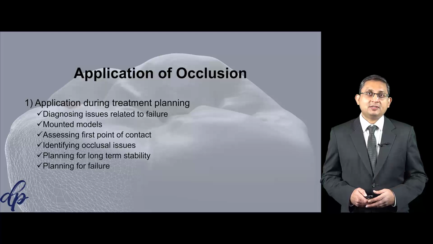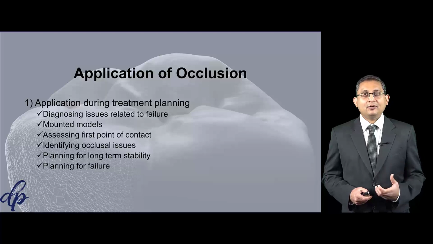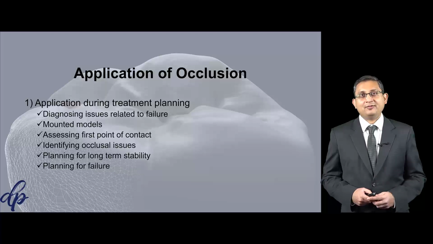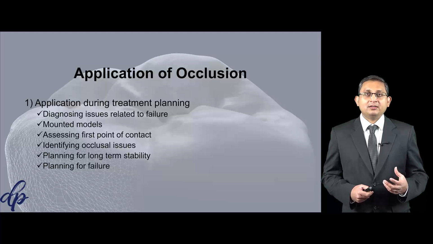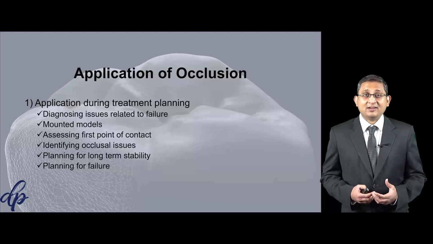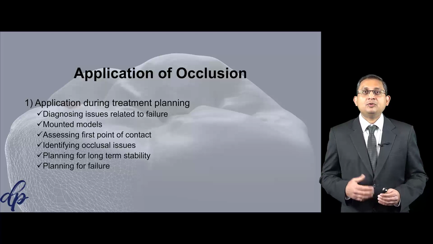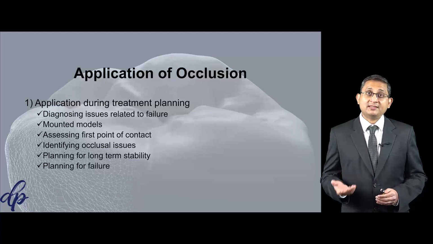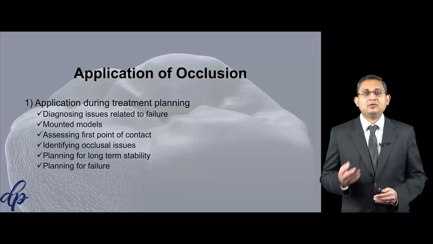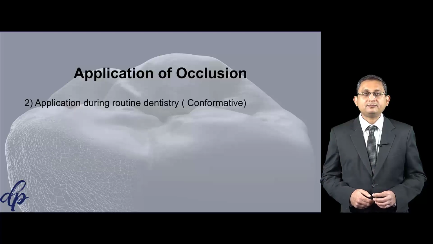It will give long-term stability to your restoration, and also it will help you plan for failure. So if you are providing the patient with canine guidance, and you think that the canine is not in good condition and the patient may lose that canine, then you may want to include progressive guidance, where if the canine guidance is lost, then the guidance will go on to the premolars in order to achieve group function.